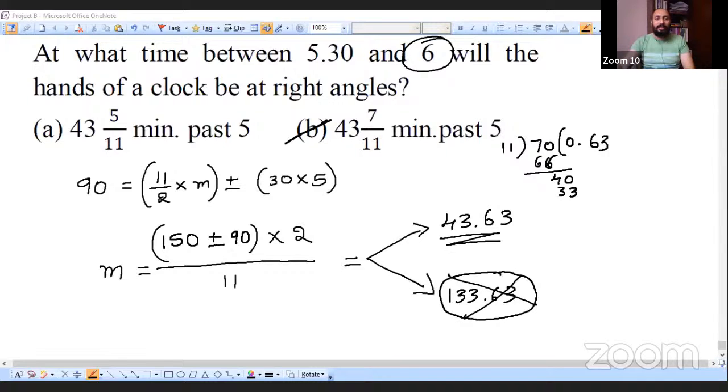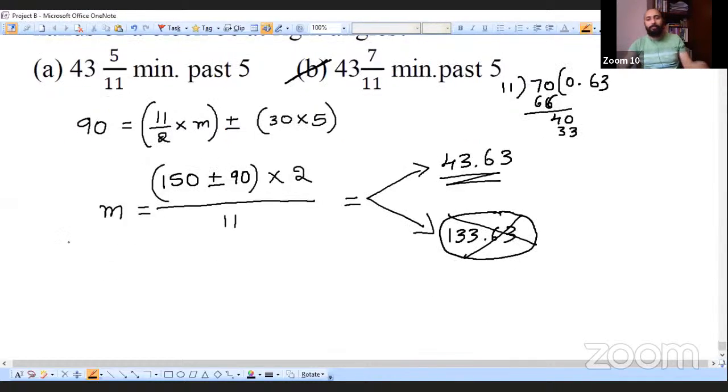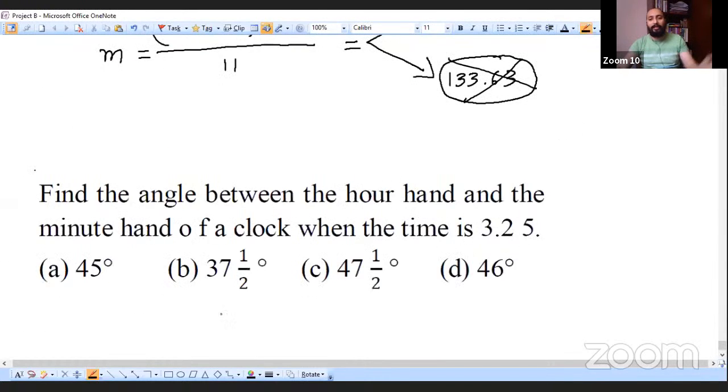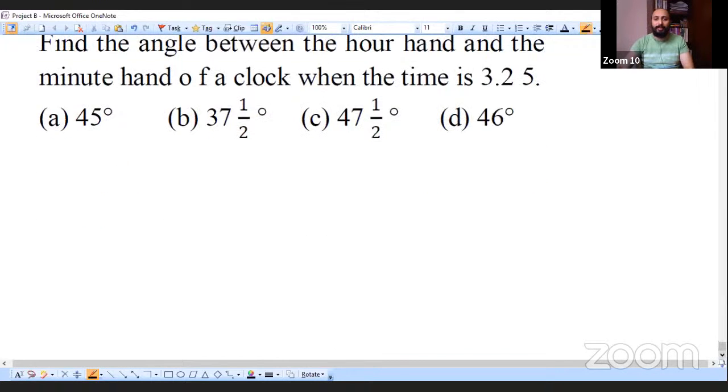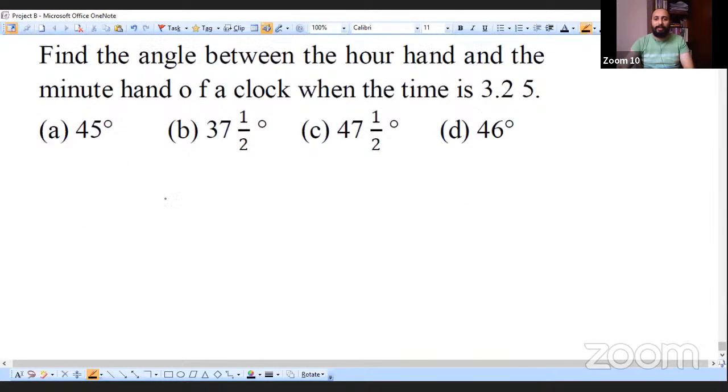Again, they are asking the angle at 3:25. Try this problem. None of you are trying. Come on, give me the answers, people. H is 3. M is 0.25, meaning 25 minutes. What is the angle?